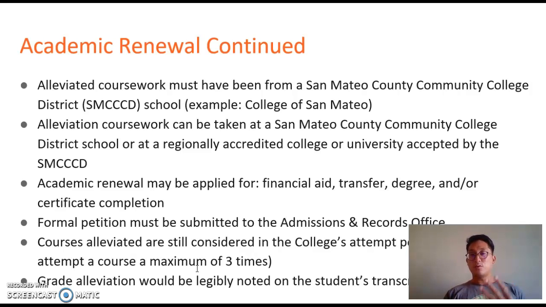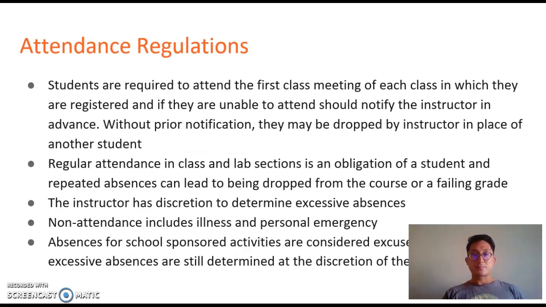So you can still only attempt courses 3 times in a district, and that includes withdrawals, academic renewals, and substandard grades. Again, if you are approved, the academic renewal notice will be noted on the transcript next to those substandard grades to not include in the GPA. Okay.